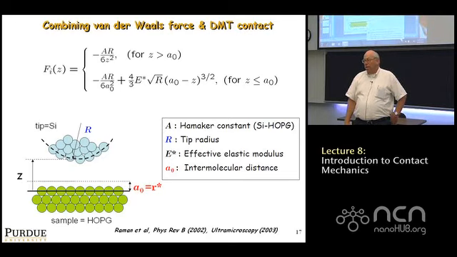In the early 1990s, a group out of Stanford showed that you could make these cantilevers and tips using microfabrication techniques that the microelectronics industry had developed. You can start with, let's say, a silicon wafer. I believe the orientation is a 100 orientation.